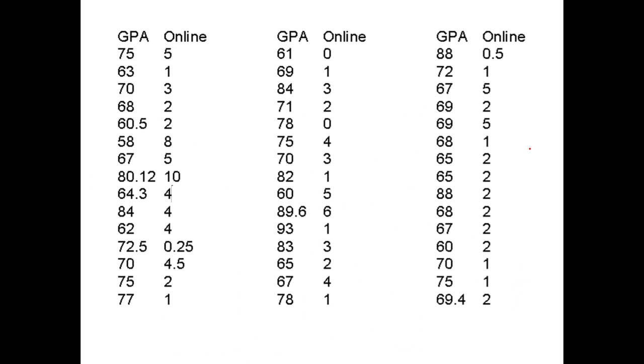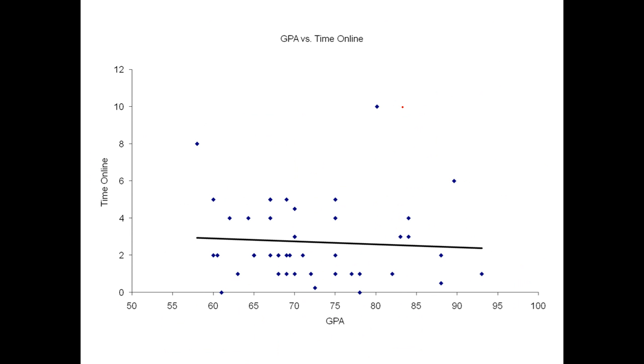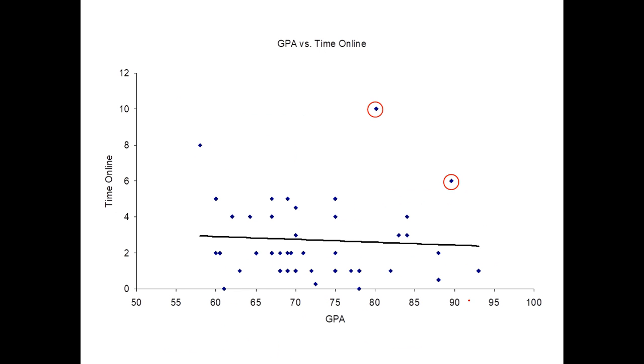But in GPA also, many are outliers. These are very strange values. They are getting around 90-80%. So in this example, we can call these two outliers and remove them from our analysis. Then you may be able to plot some relationship: the less time spent online, the greater the GPA.